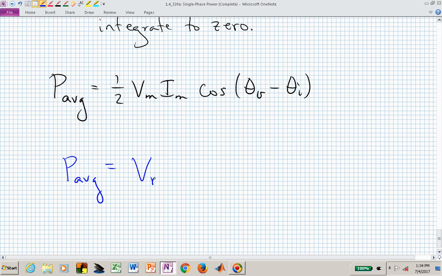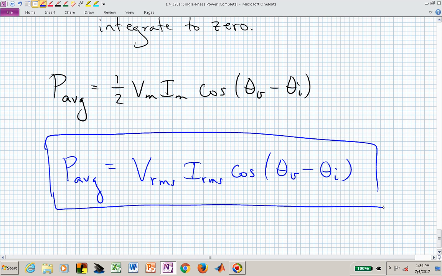That's really just V RMS I RMS cosine theta sub v minus theta sub I. And that's our average power of that generic circuit element, two-terminal element.